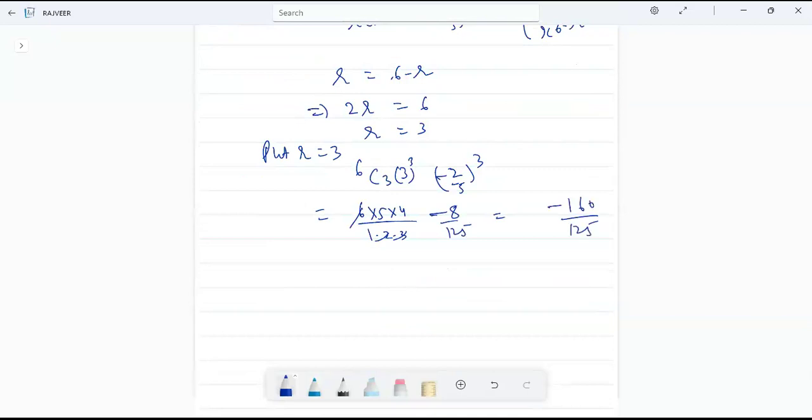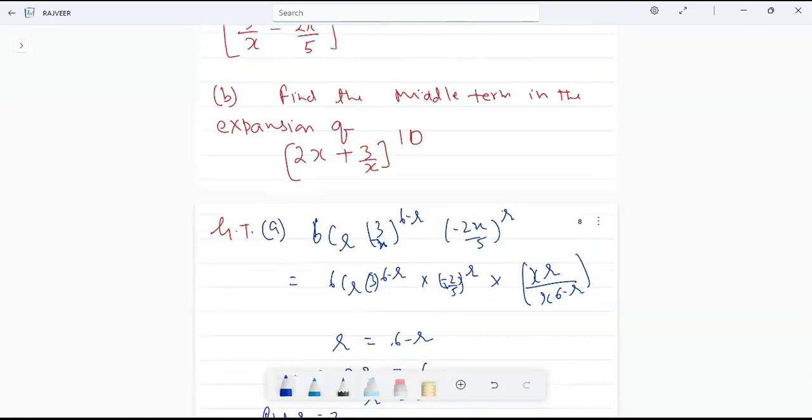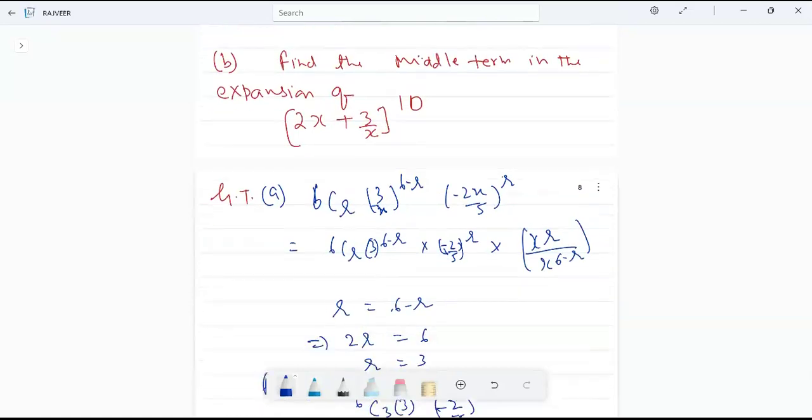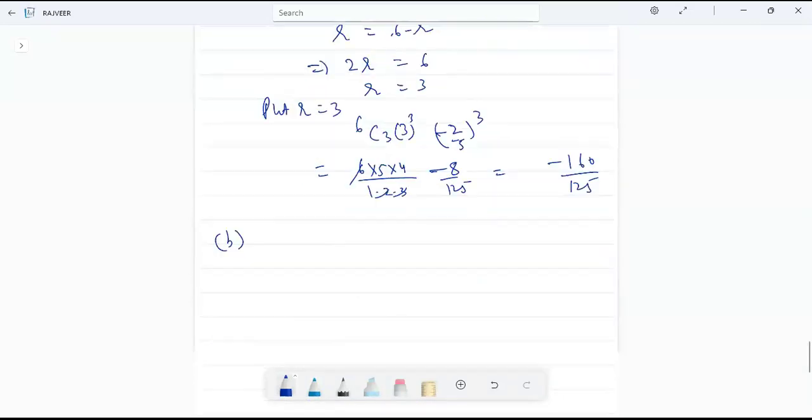So far as the B part is concerned, we have to take the middle term. If the power n is even, n equals 10 over here, an even number, so n plus 1 is 11, that is odd. Why are we taking n plus 1?